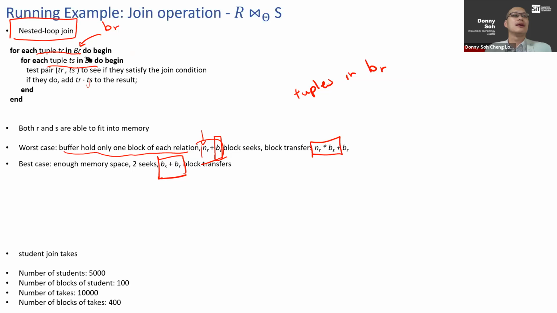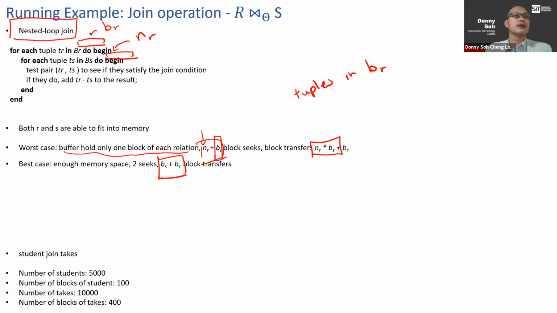And the number of times I'm doing the next disk access is going to be NR, which is the number of tuples in total in my outer loop. So there's one instance of a disk access here, another instance of a disk access here.